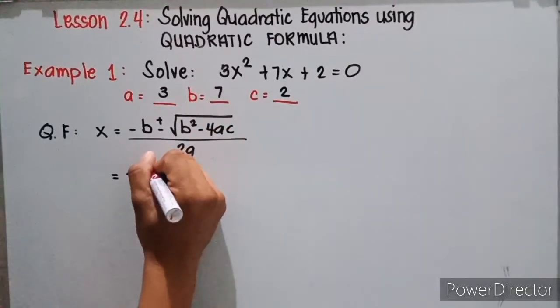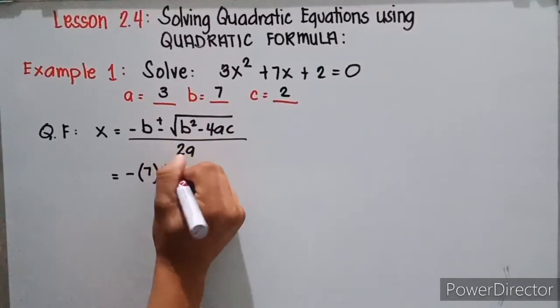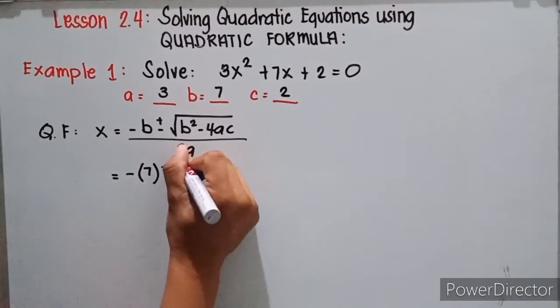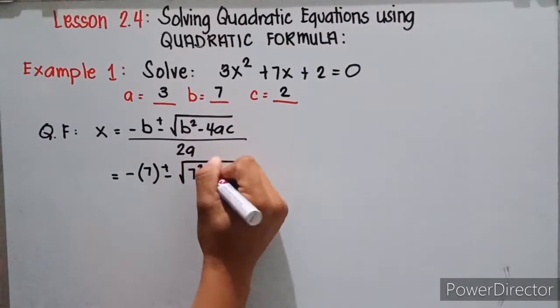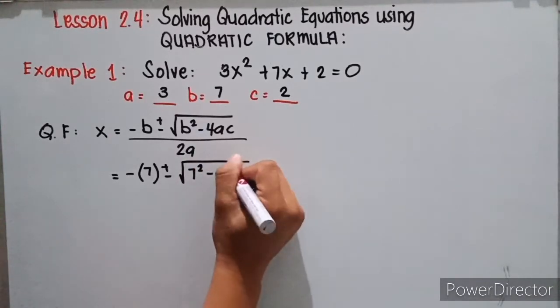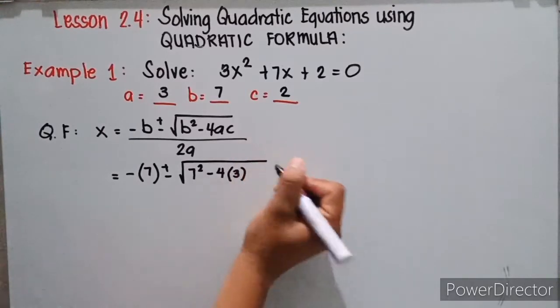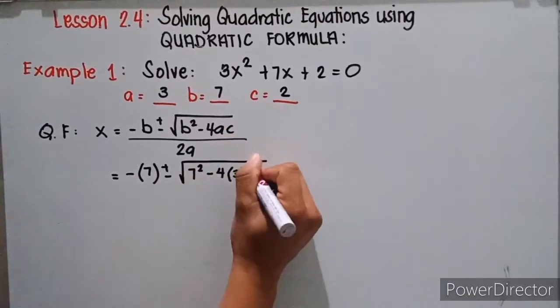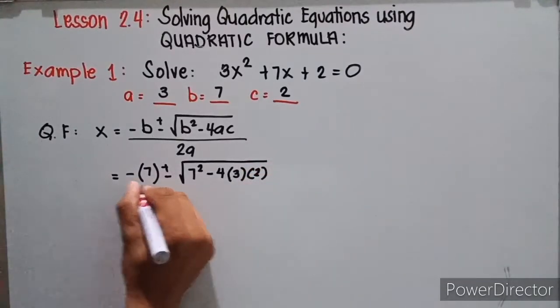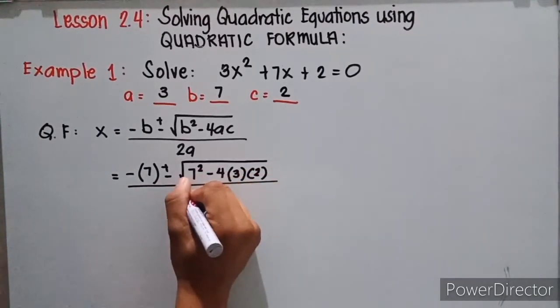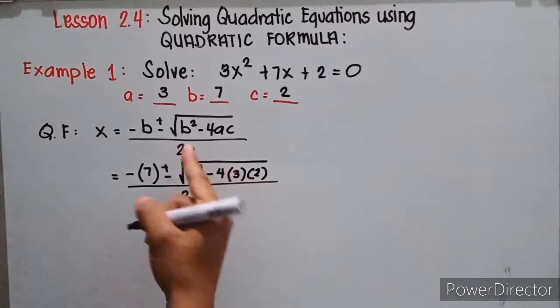So we have negative 7 plus or minus square root of, we'll just substitute, 7 squared minus 4 times our a is 3, then our c is 2, all over 2 times a, which is 3.